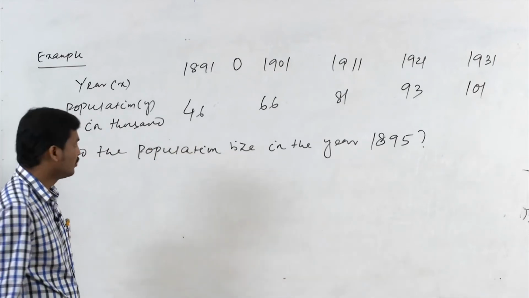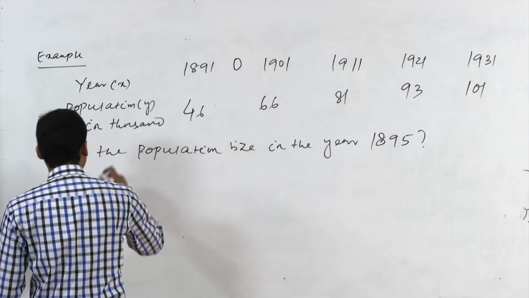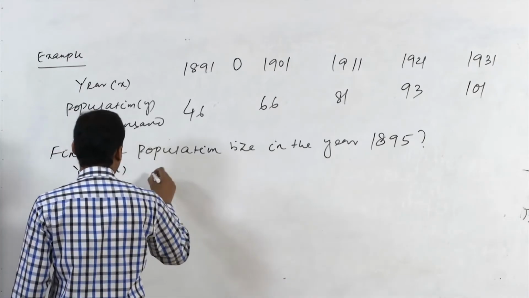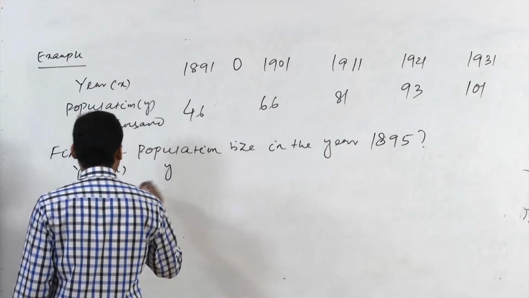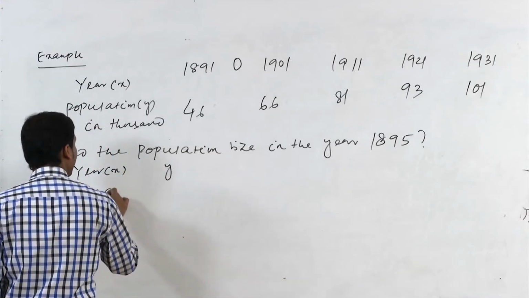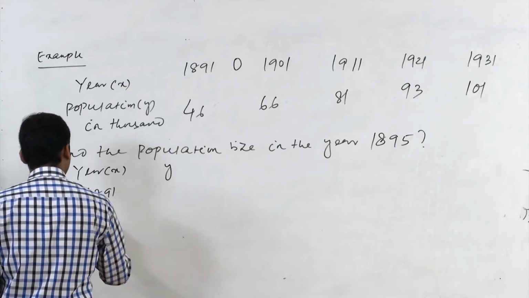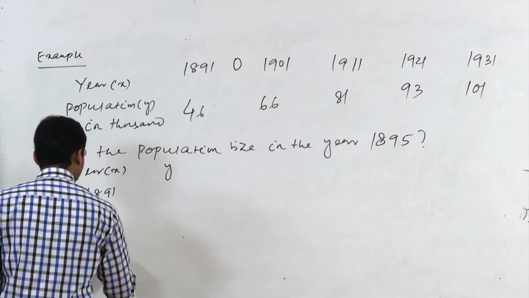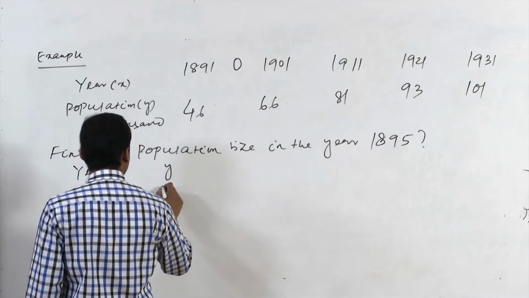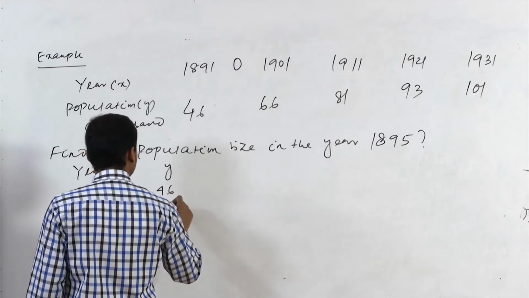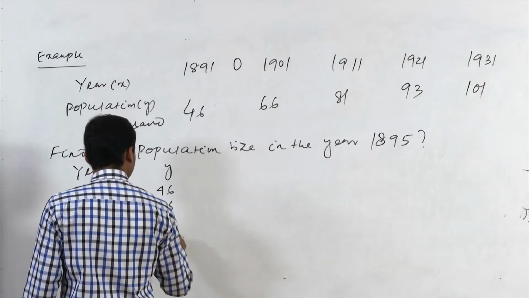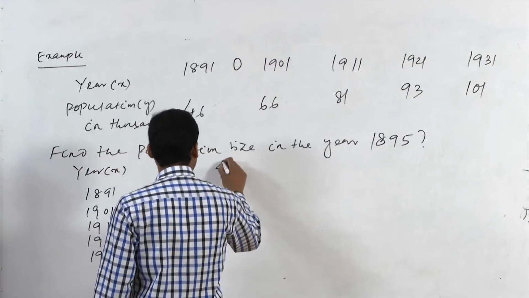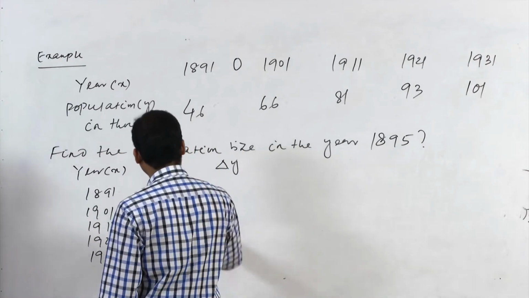Preparing the table in tabular form, first is the year x, then the population size y. The years are 1891, 1901, 1911, 1921, 1931, and the population sizes are 46, 66, 81, 93, 101.